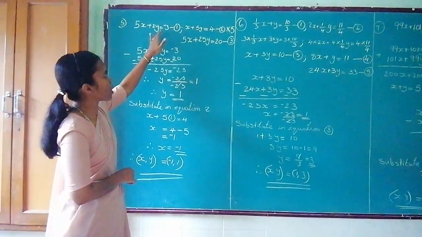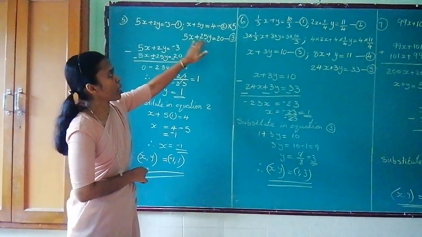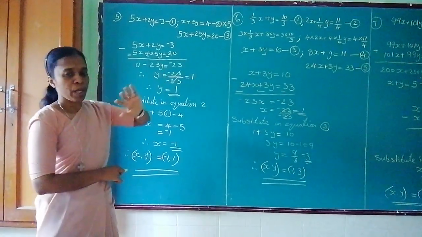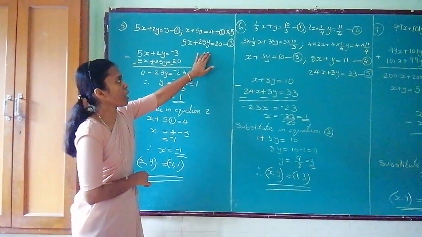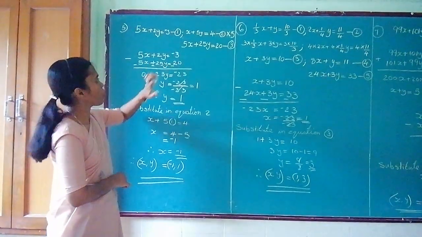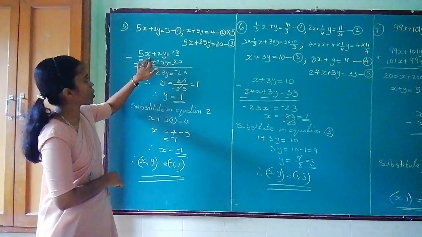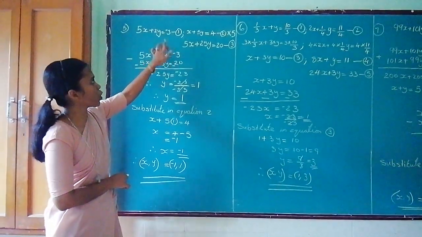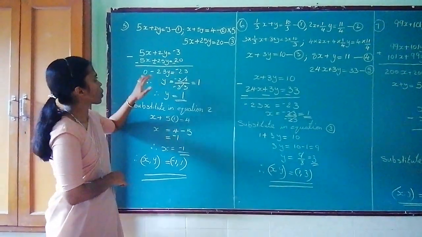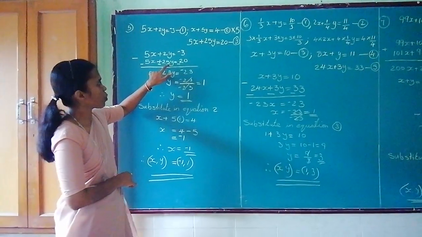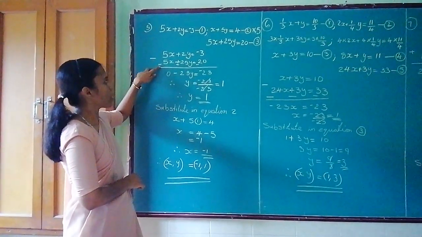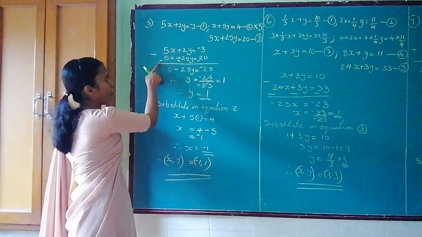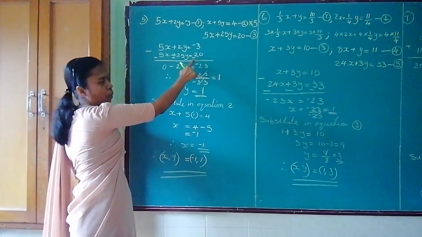Now we solve these two equations, that is equation 1 and equation 3. You have to write the step over there. Subtracting equation 3 from 1, we get, you write equation 1: 5x + 2y = -3. Third equation: 5x + 25y = 20. Subtracting, signs change, so you have minus, minus, minus.